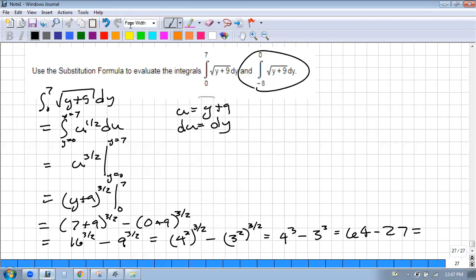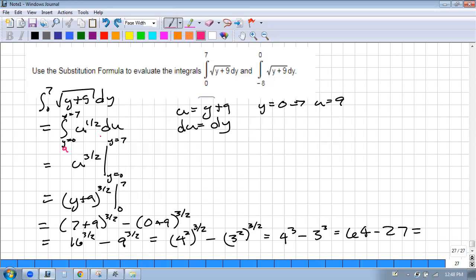We do this one the same way, okay? I mean, we could have done it differently. We could have used this and changed these bounds. I could have said, okay, if y is 0, then u is 9. So instead of saying y equals 0, I could have just said 9, because that was what u is.